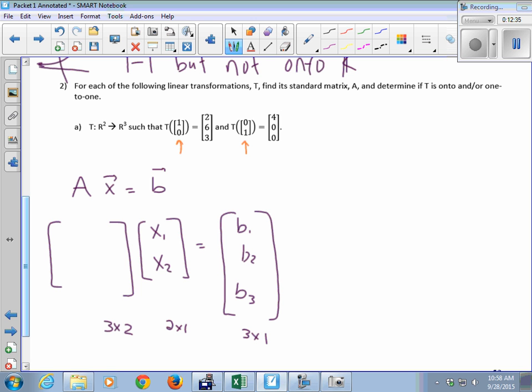The resulting vectors, put them together and they make your standard matrix. Typically it won't be that hard. It'll be easier to figure out where (1, 0) and (0, 1) go, or whatever dimensional thing it is.